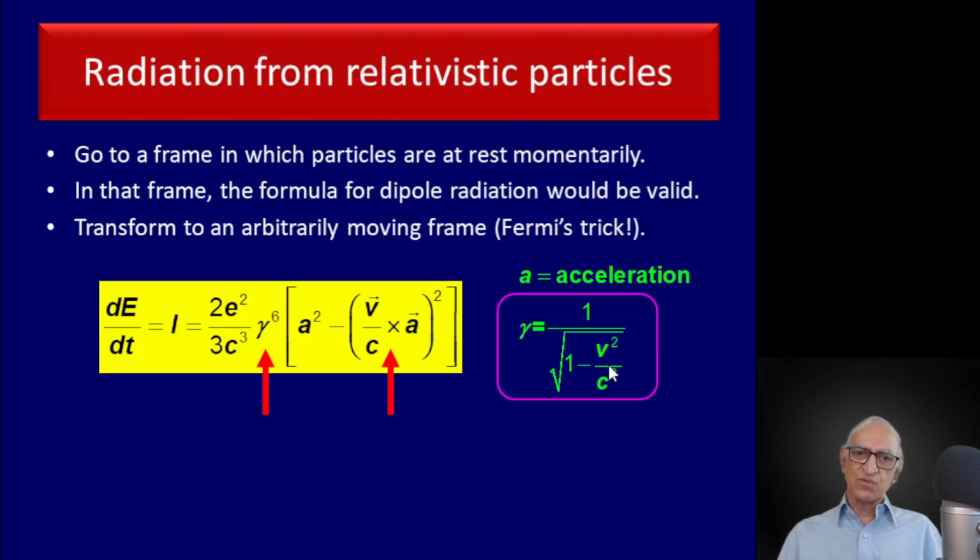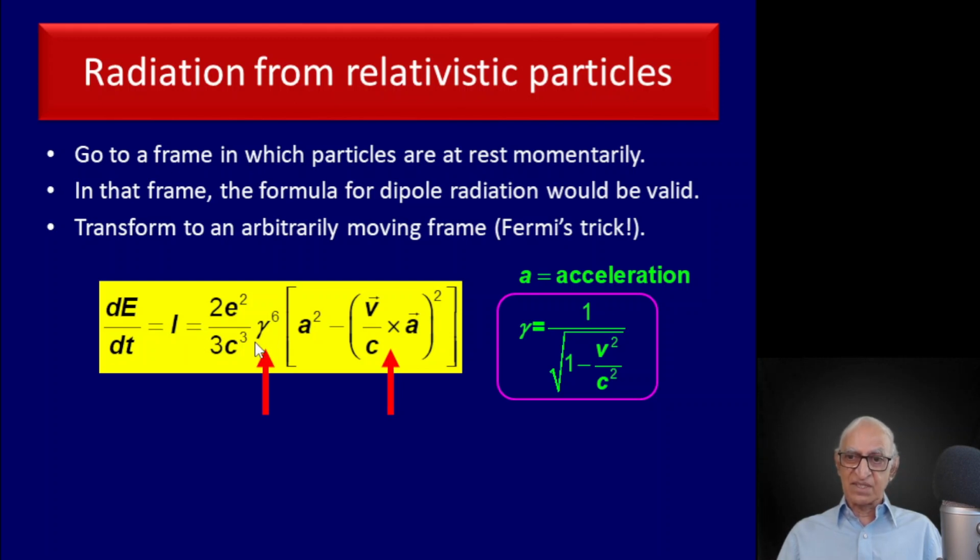If the particle is moving at speed small compared to the speed of light, gamma is 1. But if v is comparable to c, gamma can be very large. It can be 1,000, it can be 1,000,000, it can be 10 to the power 9. All right? So you notice that there is a dramatic change when you go from non-relativistic particles to relativistic particles.